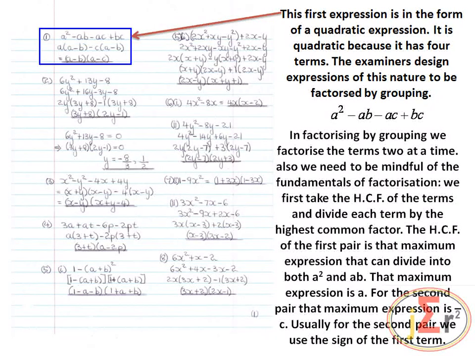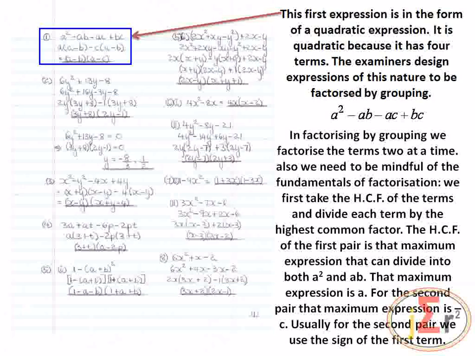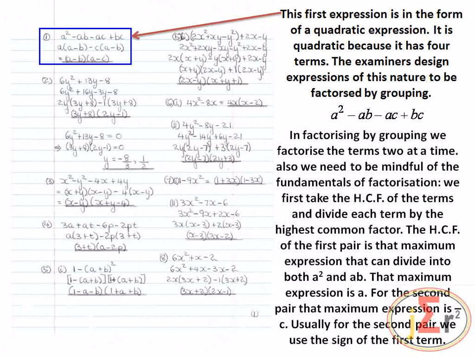Of the first pair, the highest common factor is that maximum expression that can divide into both a squared and ab. That maximum expression is a.